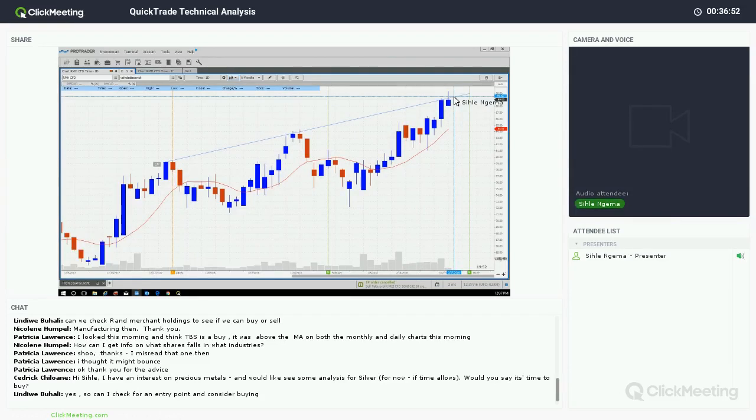If we close above that trend line in a daily time frame, or at the end of the trading session, then we may have a situation of RMH running here. At the moment it looks like it may be disturbed by that line that I've just drawn.